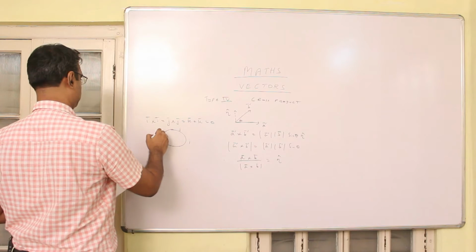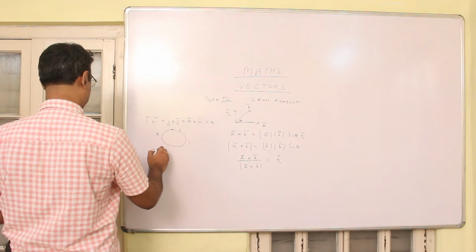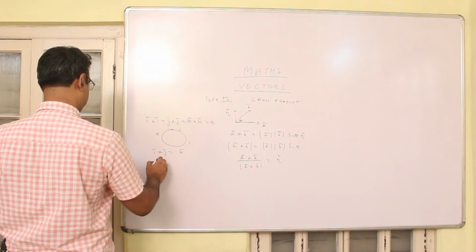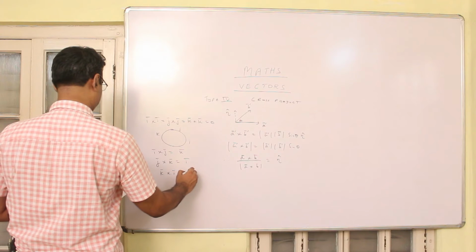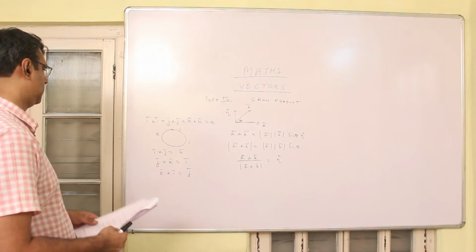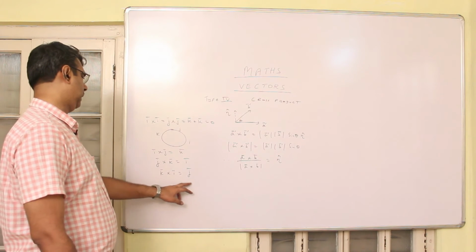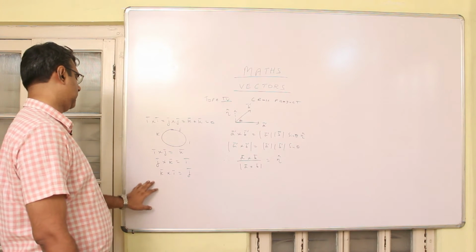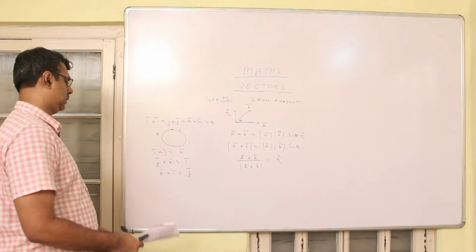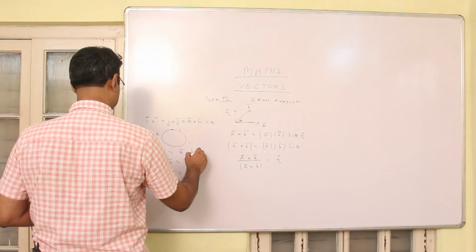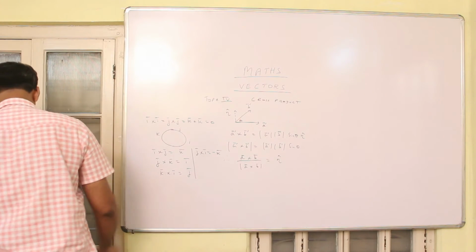Secondly, if you have a circle with I, J, K placed in anticlockwise order, then I cross J is equal to K, J cross K equal to I, K cross I equal to J. So these are the three formulas to relate I, J and K. If you ever have a reverse order of cross product, like J cross I, then the answer will simply be minus K. So these are all the different cross products between I, J, K.